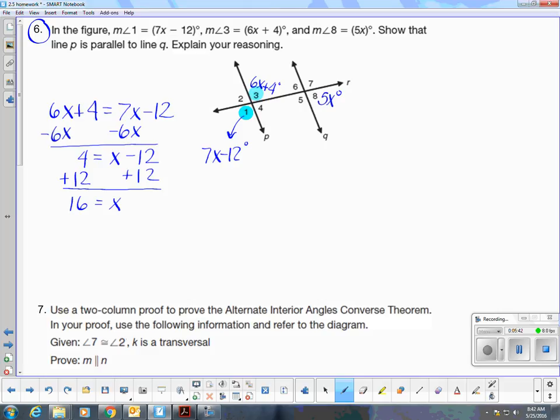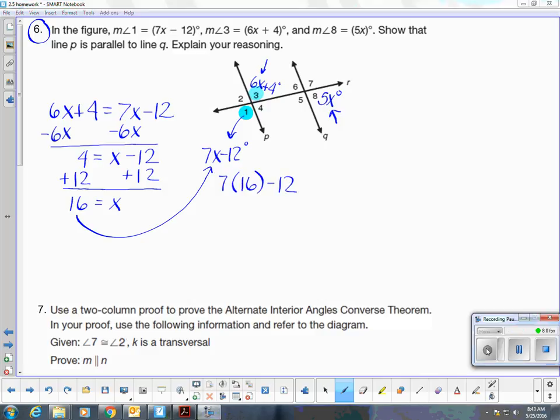So now that I have solved for x, I can take 16 and replace it everywhere I see the value of x. So let's start with 7x minus 12, and let's replace x with 16.